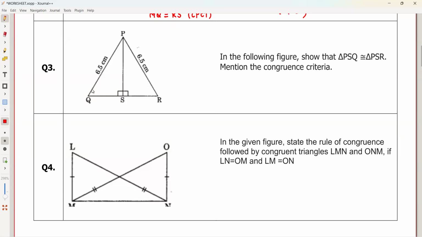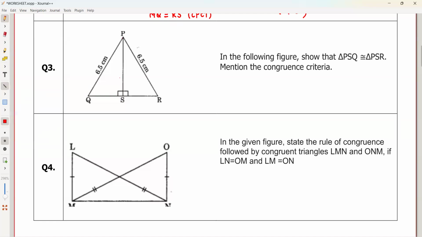Sir, if there is no angle, we can only say side side angle, but ASA is angle, side, angle. No, we cannot go with that. Another one. Sir, RHS.